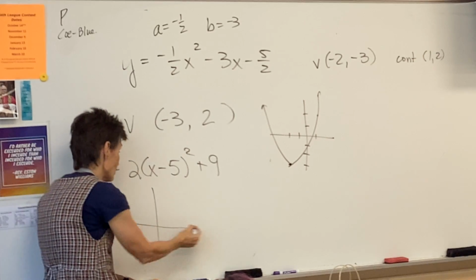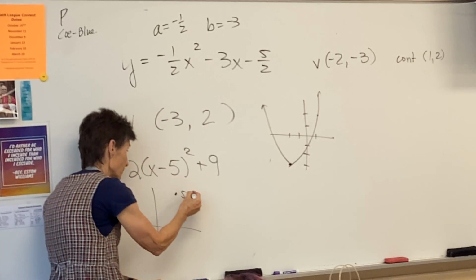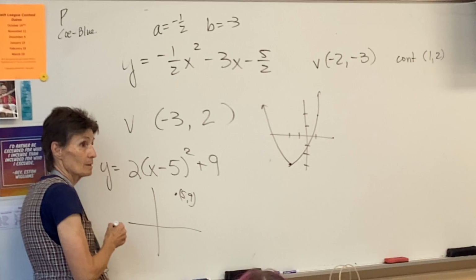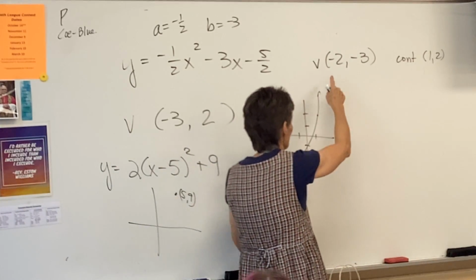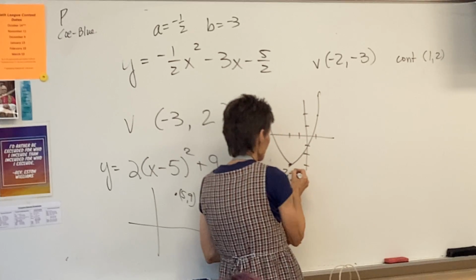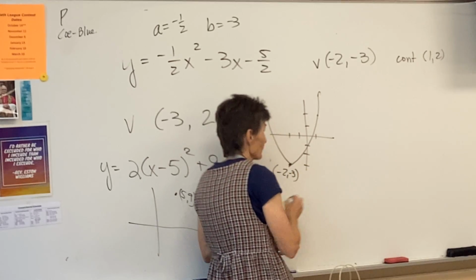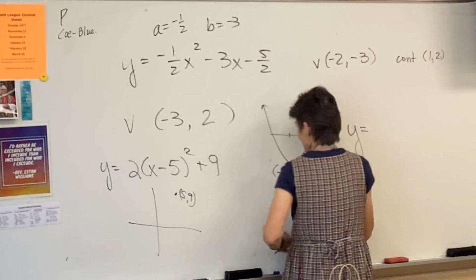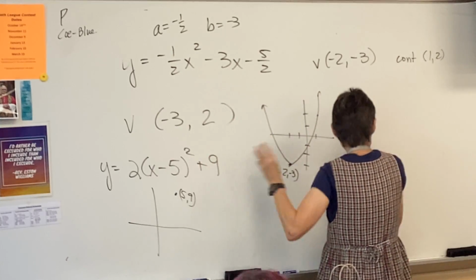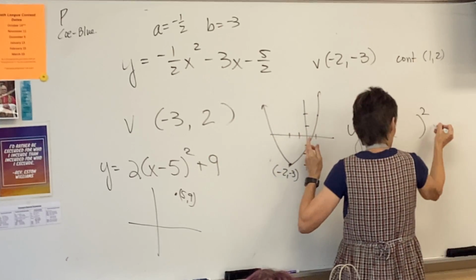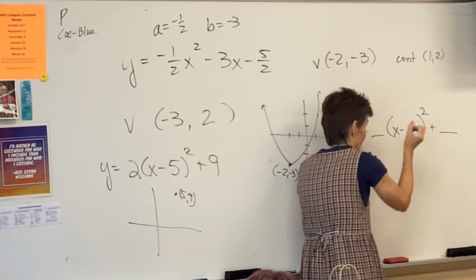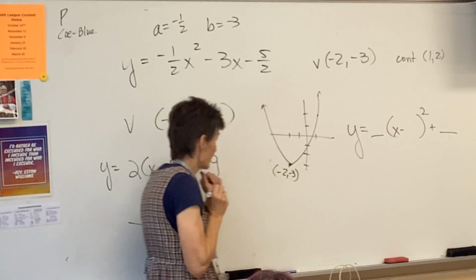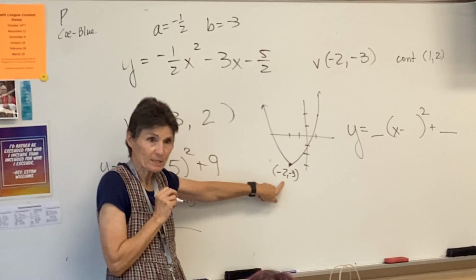So the vertex would be at 5, 9. So now think backwards. If I know my vertex is at negative 2, negative 3, could I write an equation that looks like that, but somehow incorporate that vertex?